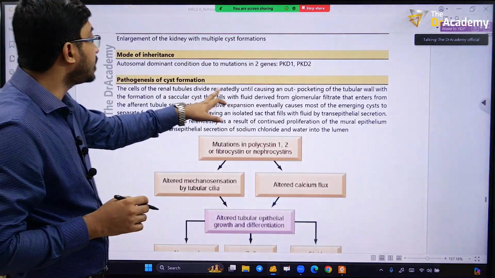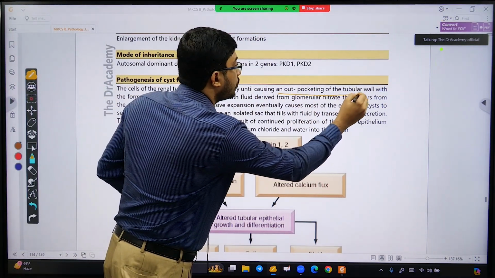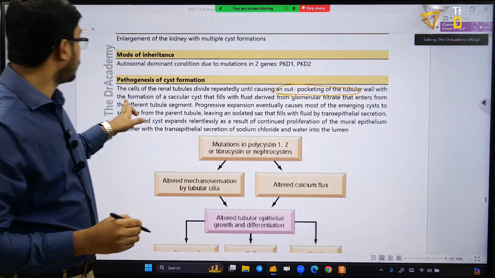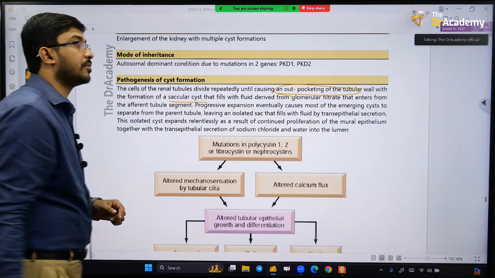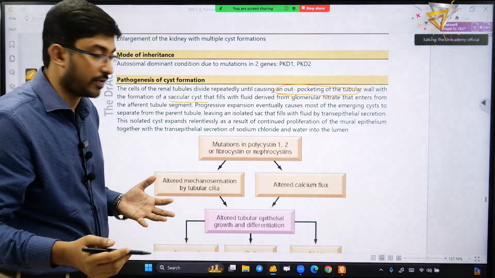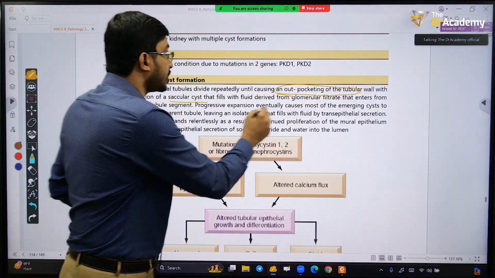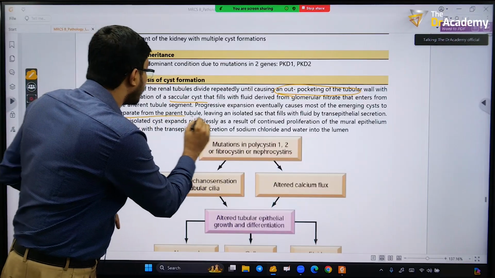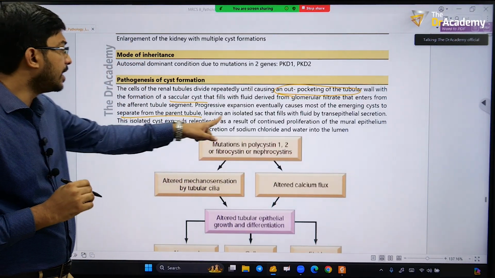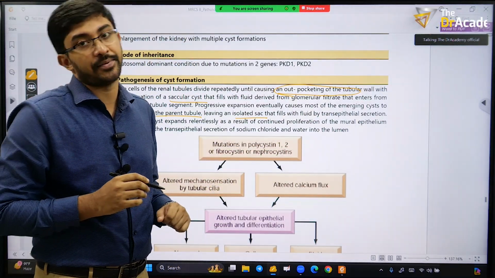Look, the renal tubules divide repeatedly until causing an outpocketing of the tubular cell wall with the formation of a saccular cyst that fills with fluid derived from the GFR, glomerular filtrate. And with progressive expansion eventually causes most of the emerging cyst to separate from the parent tubule, leaving an isolated sac that fills with the fluid with transepithelial secretion.